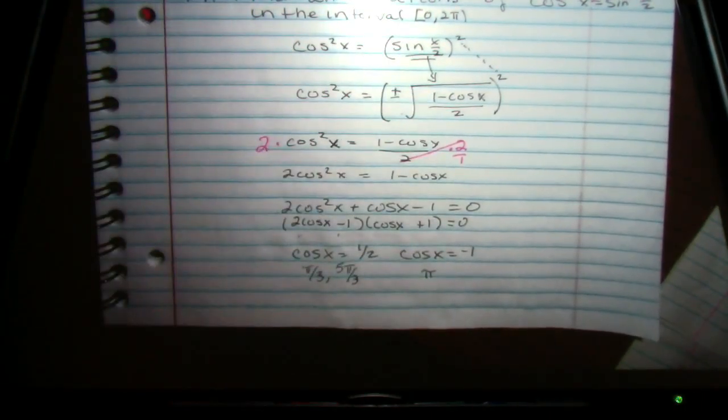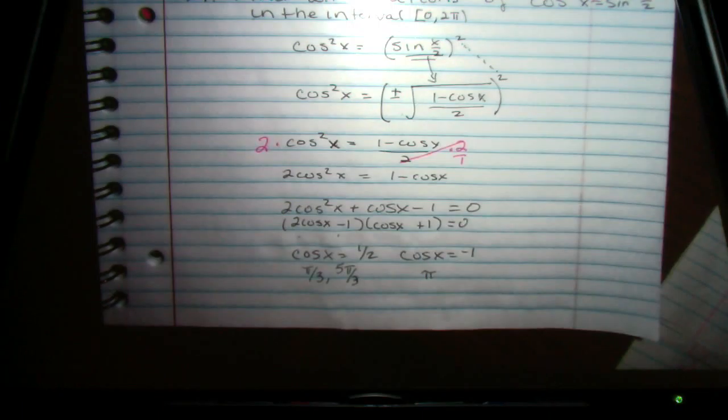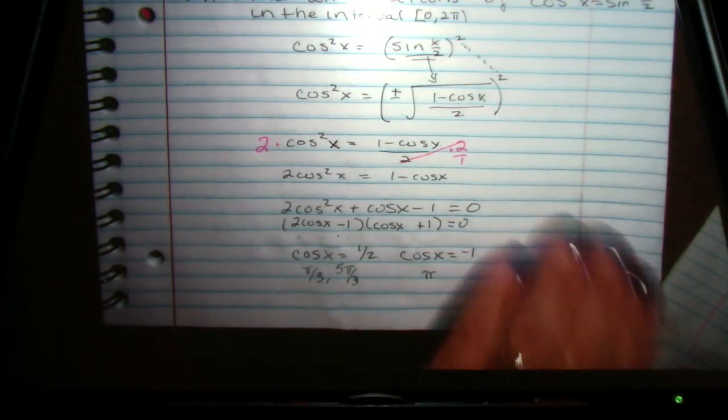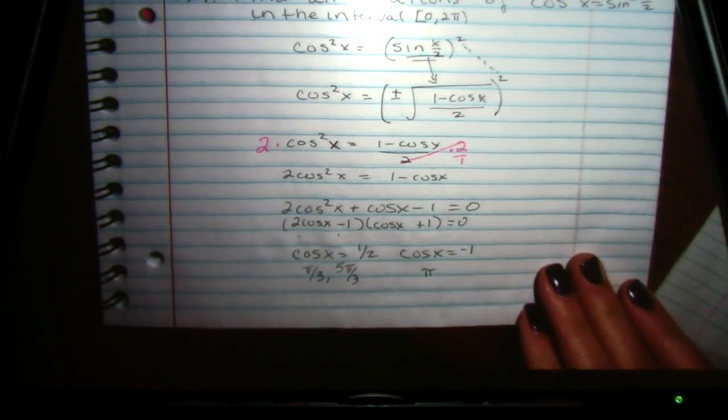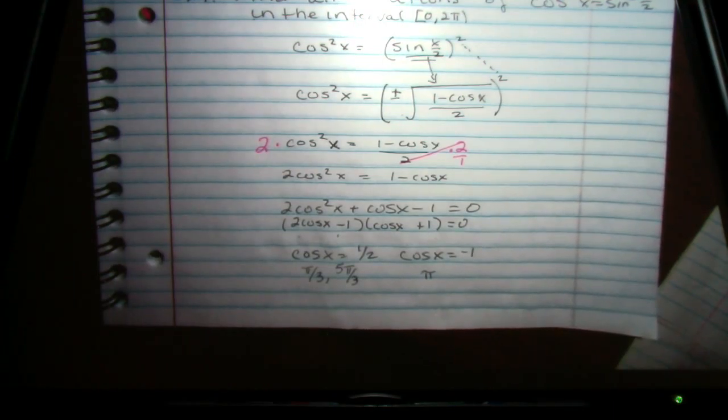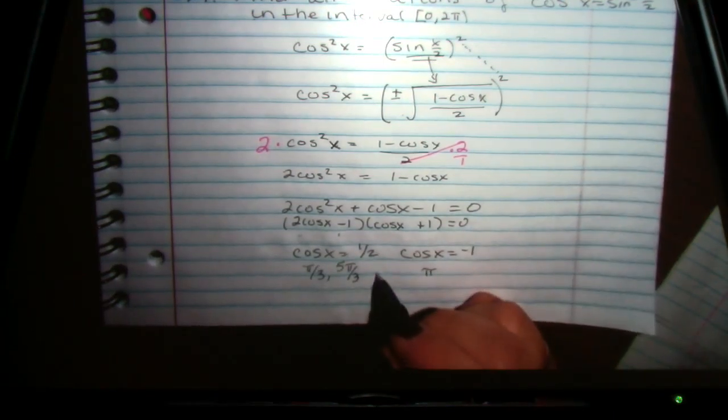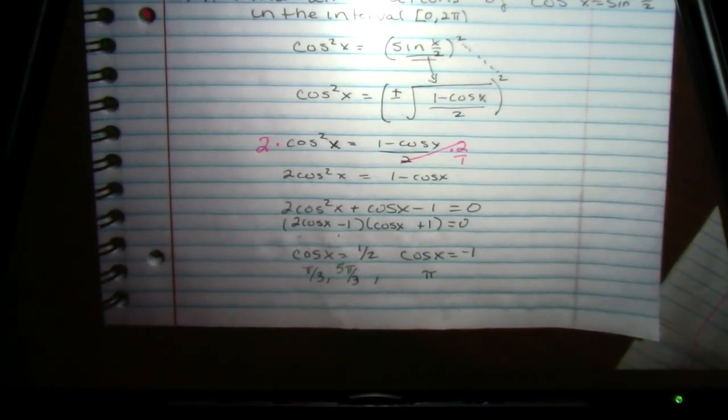After that, it's just solving equations. Everybody done? Okay, example 2.